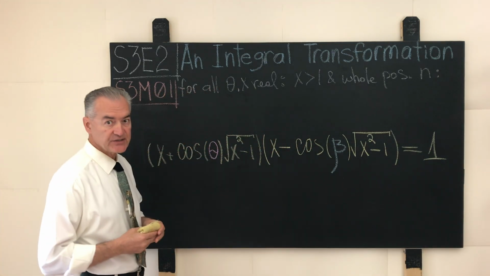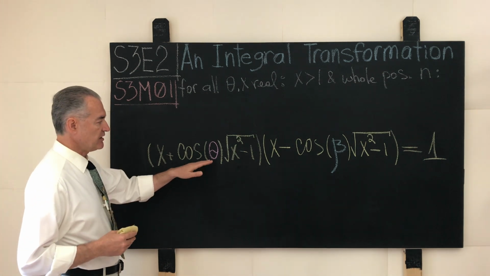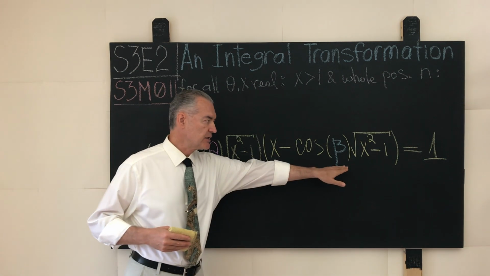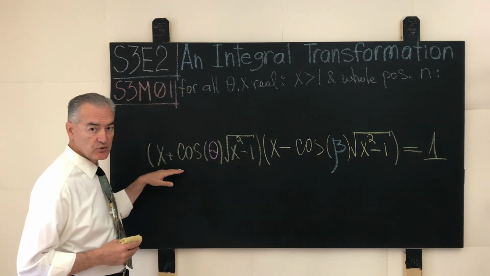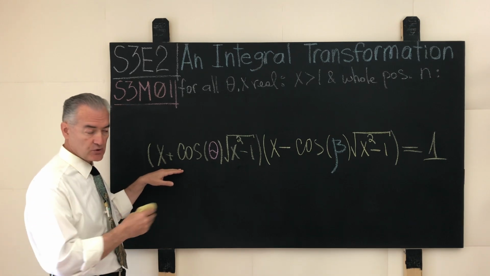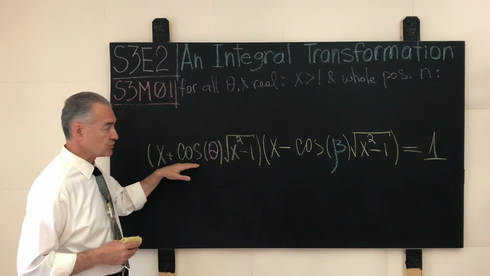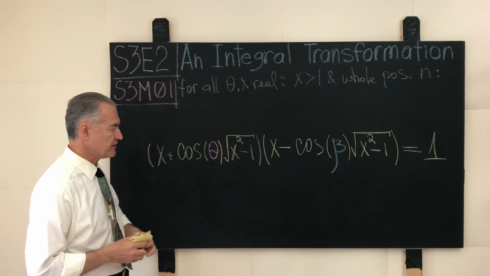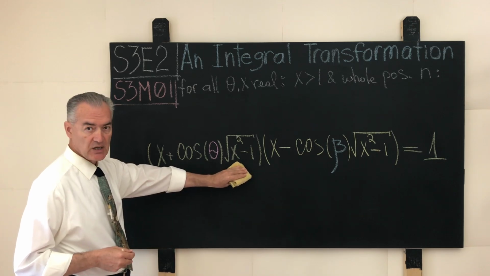And the second substitution over here, in a sense, is to tie the angles theta and beta into the following relationship. The integrand that you basically saw on the left-hand side of our equality is x plus the trigonometric function of cosine evaluated at the angle theta times square root of x squared minus 1.